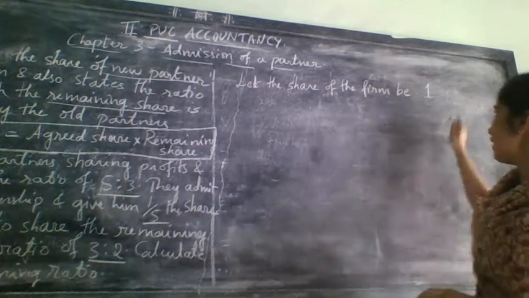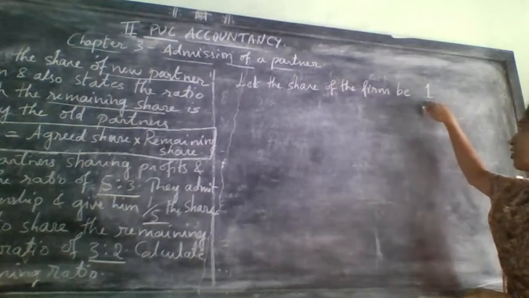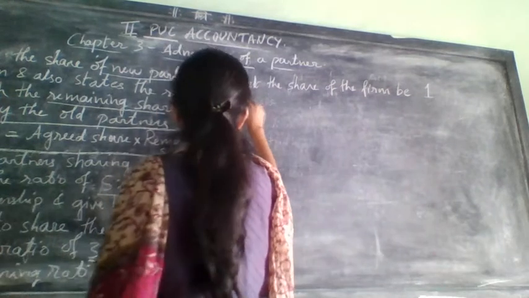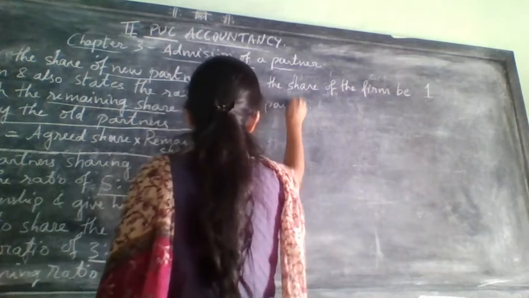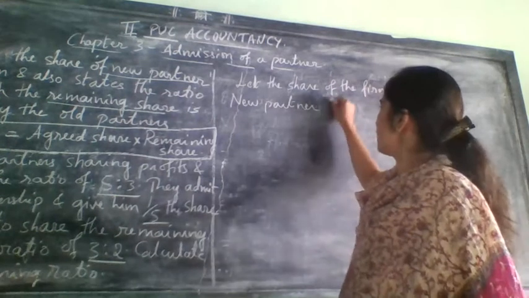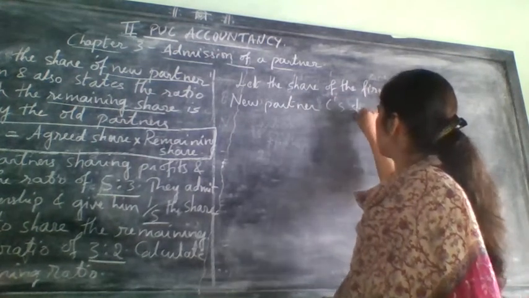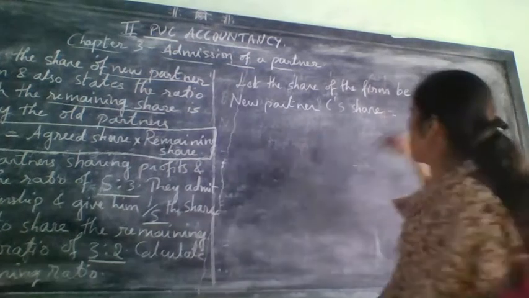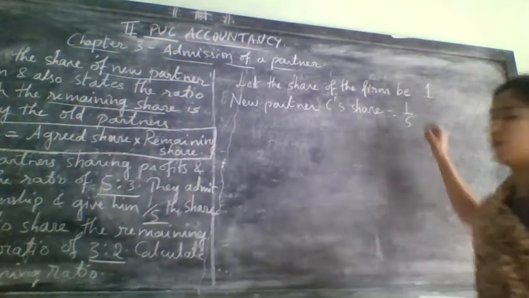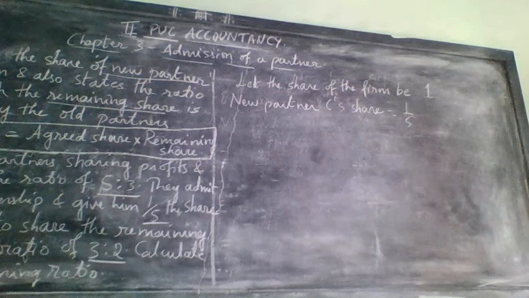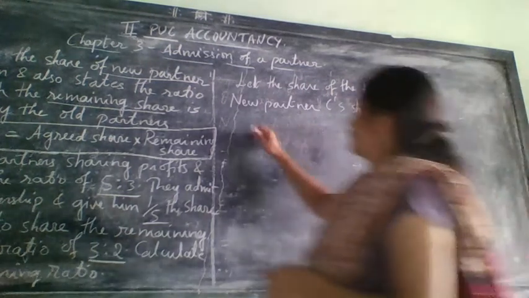By deducting the new partner's share from 1. Who is the new partner here? The new partner is C, correct? C's share, how much is it? He joined the partnership firm for 1/5 share. So 1/5.